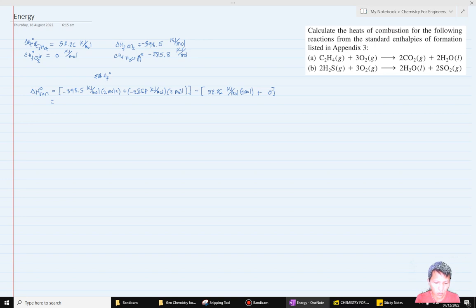So all in all, we have negative 1410.86 kilojoules. As I've said, we can expect a negative heat of reaction for this one. Negative 1410.86 kilojoules for the combustion of your ethane.